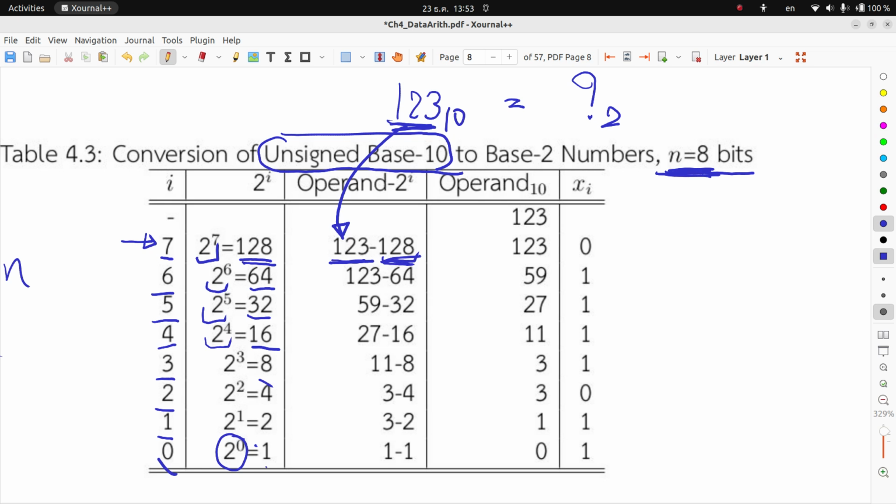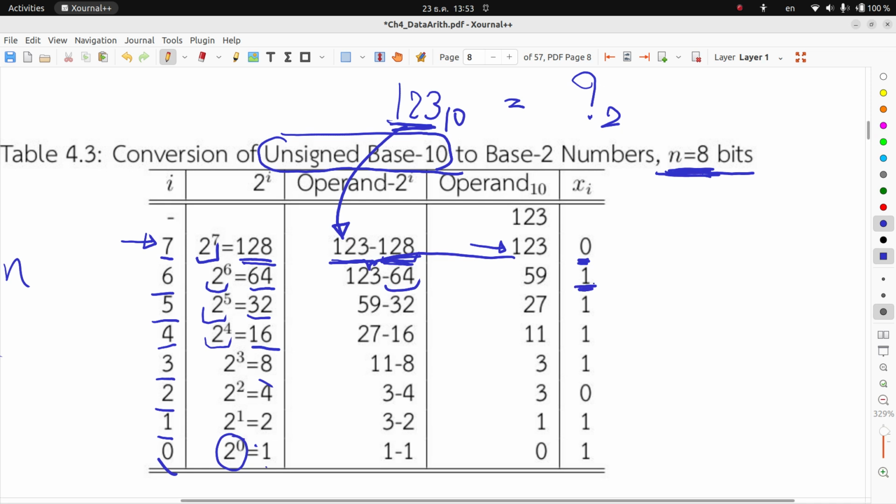No. So it's not subtractable. So we put 0. The remainder is still 123. Now the 123 is subtracted with 64 again. Is it subtractable? Yes.